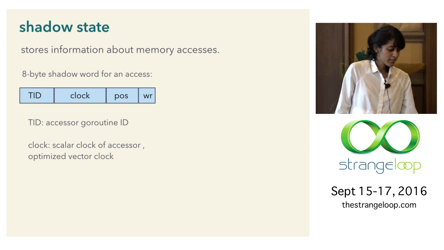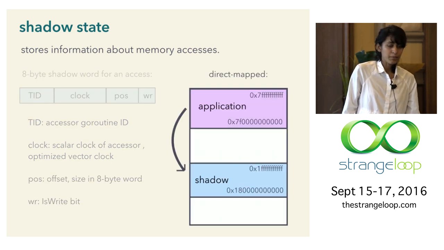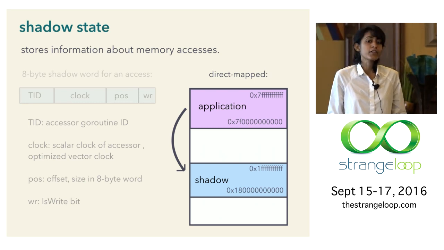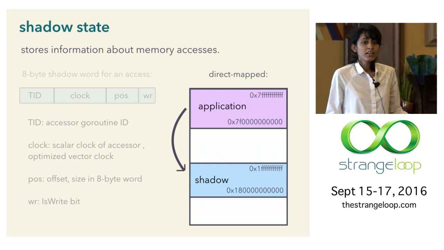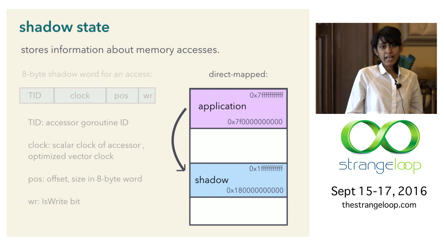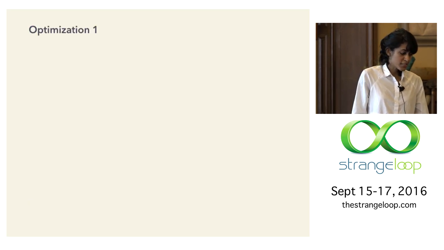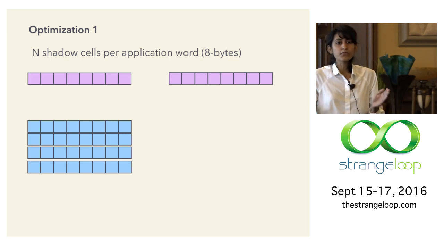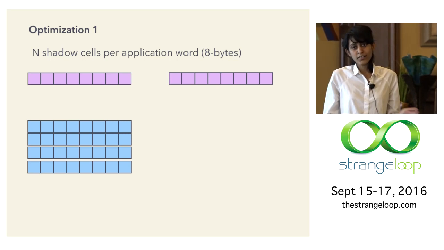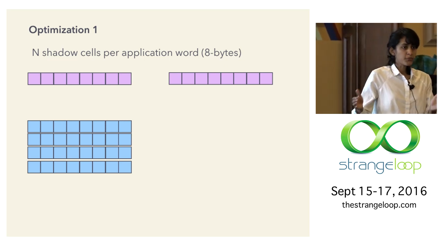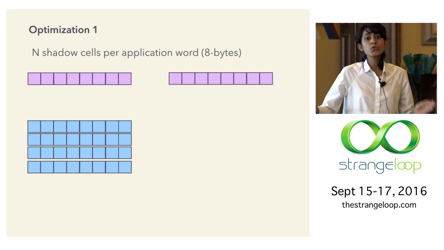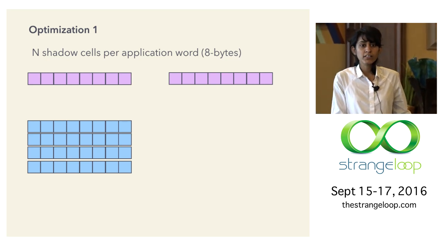So this is the simple scheme, right? Where you store one shadow word per memory location, per access. And you can see how that would work. But the optimization that TSAN performs is for 8 bytes of the application. So for a word in a 64-bit, for an entire word, only 4 accesses to that entire region are tracked, okay?